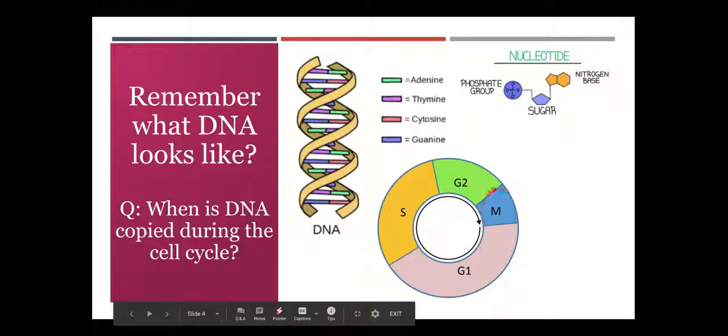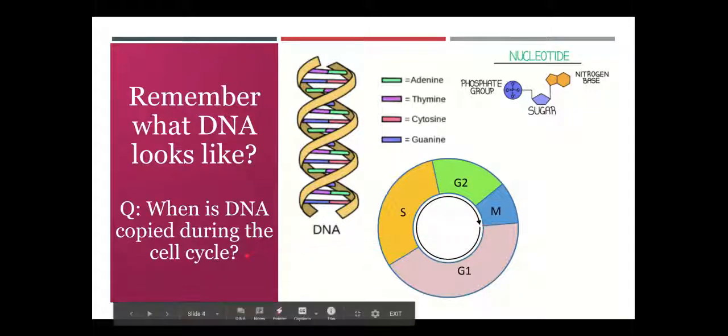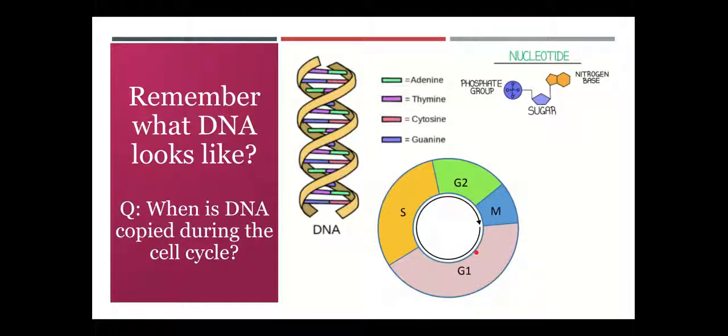And then we also have M phase, or mitosis, for the most part. This is the phase where the cell divides. The M could stand for mitosis or meiosis. We've talked about both of those processes. Both of those are types of cell division. And I want to know when DNA is copied in this process. In the cell's life cycle, when is DNA copied? When is it replicated?